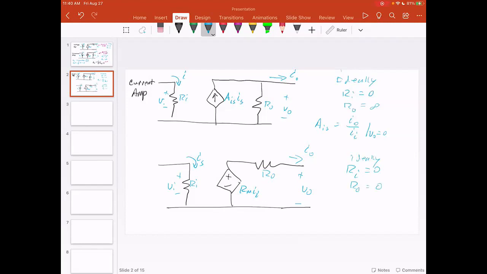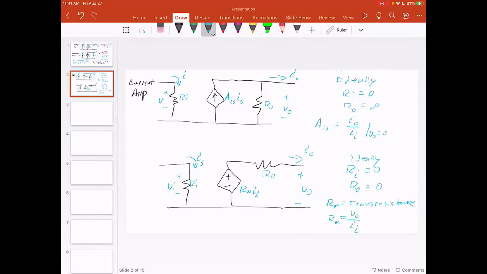And Rm is a trans resistance. And that is Rm is equal to the output voltage over the input current.